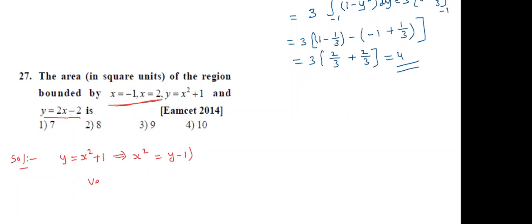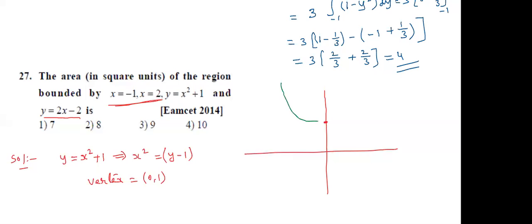Vertex, that is 0, 1. And the line given is y is equal to 2x minus 2. Just draw the diagram, then you will understand very easily. So 0, 1 means this lies on the positive y-axis. I think the parabola is like this.